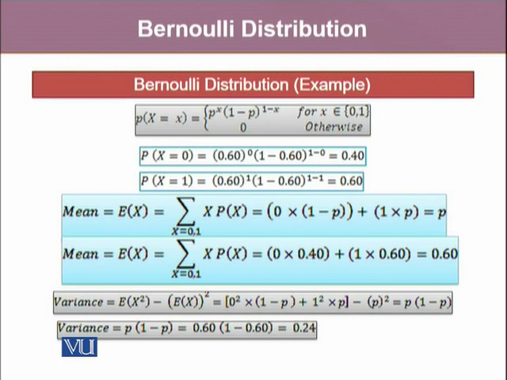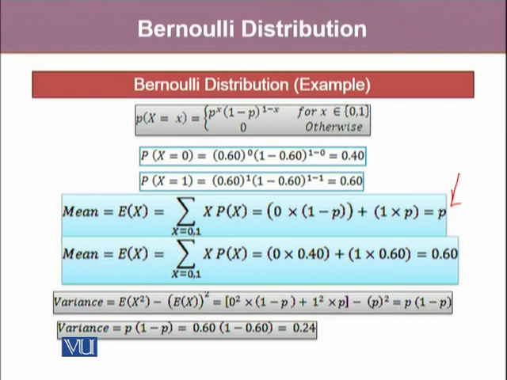In this situation, since we know that X can take values either 0 or 1, and the probability of success is denoted by P and probability of failure is denoted by 1 minus P, hence applying all those values into this formula, we get that the mean for the Bernoulli distribution is denoted by the value P. Using the example we've been working with, when P is equal to 0.6 and 1 minus P is equal to 0.4, the mean of this distribution will be 0.60, which is same as P.